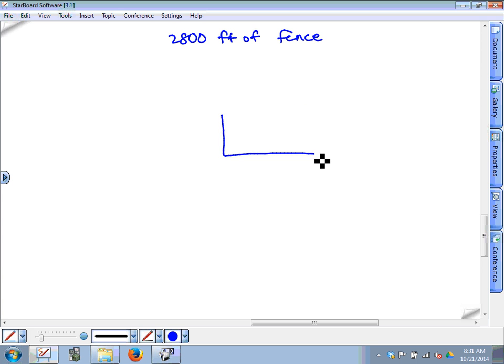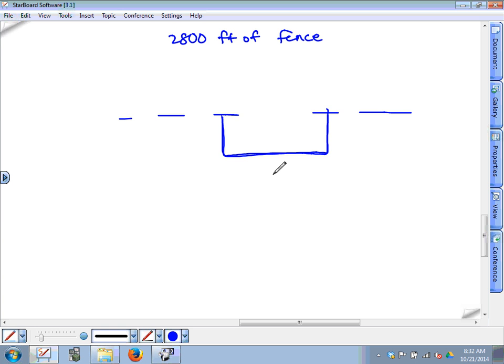So you're not going to have an enclosure enclosed on all 4 sides. There's some kind of a natural barrier, maybe a mountainside. So the fence is only going to run on 3 sides like this. Do you understand the difference now? That changes the problem. It's no longer going to be a square that would yield the maximum area. Does that make sense? That's why you need to show the process.